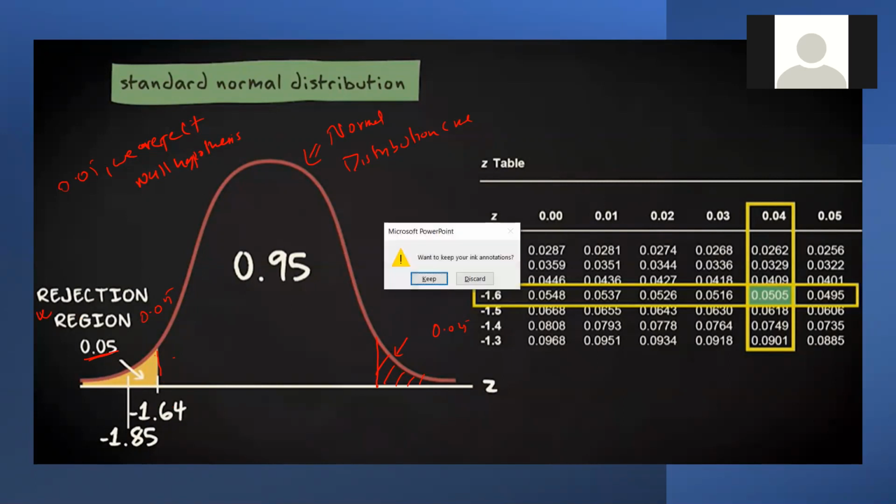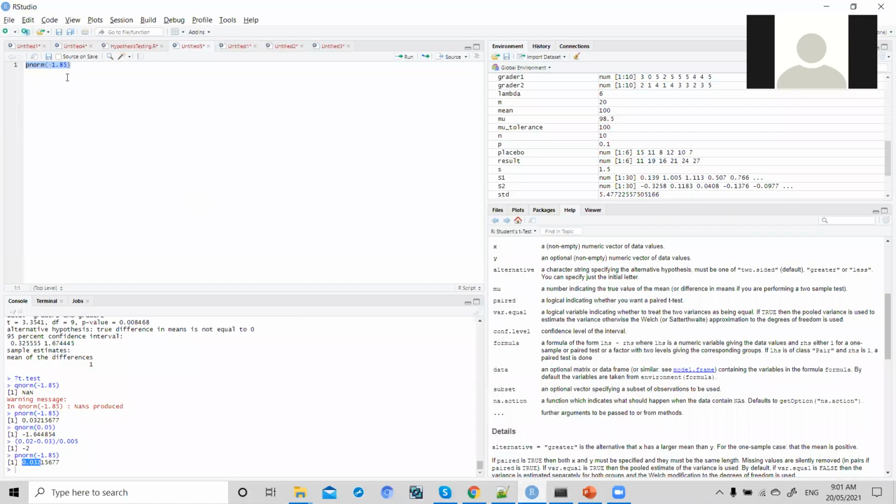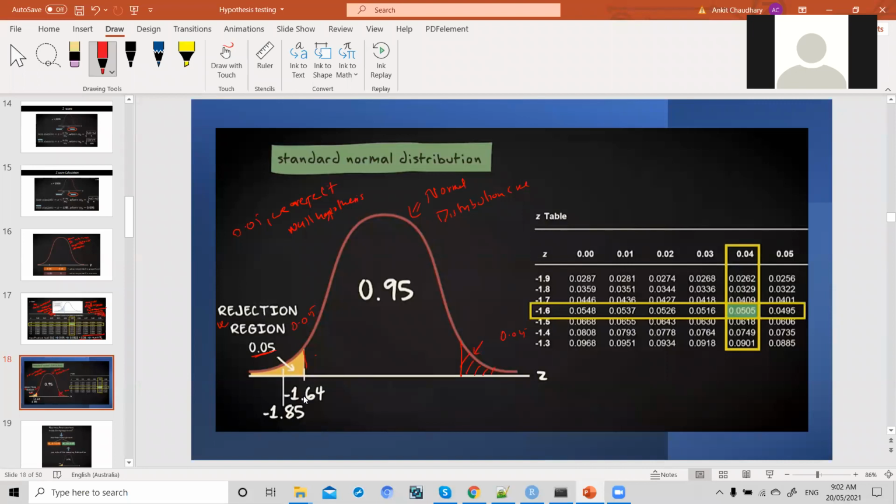How does this come? If you go to R and do q of 0.05, q gives you the quantile, like which quantile your 0.05 lies at. So you can see minus 1.644 here, and our Z score that we calculated was minus 1.85.